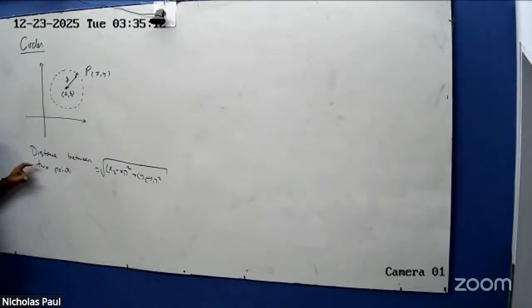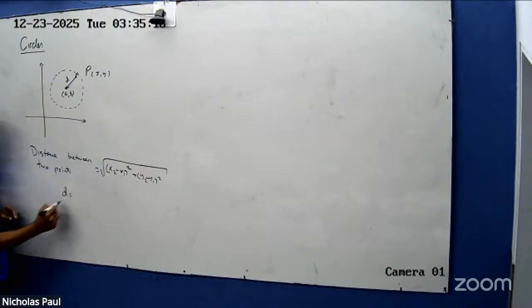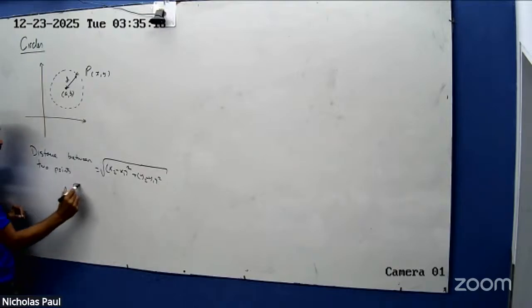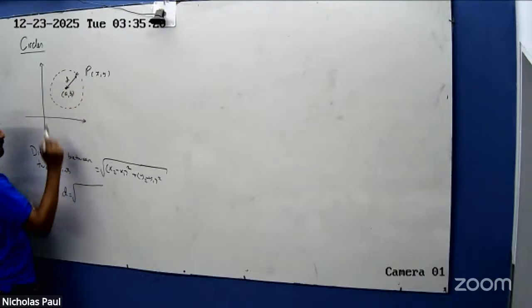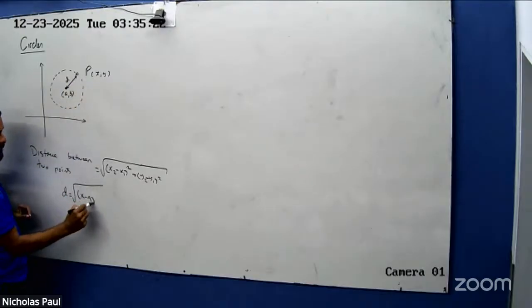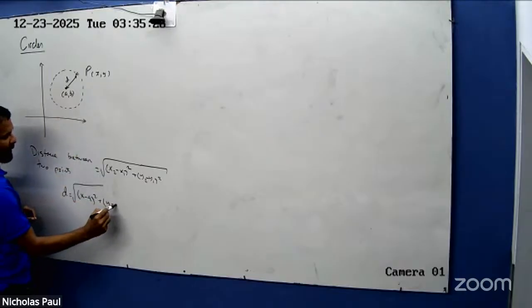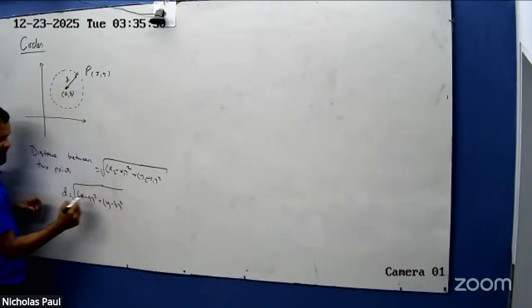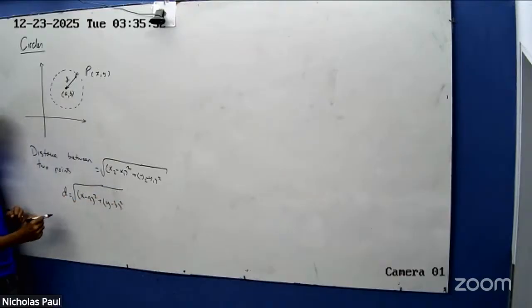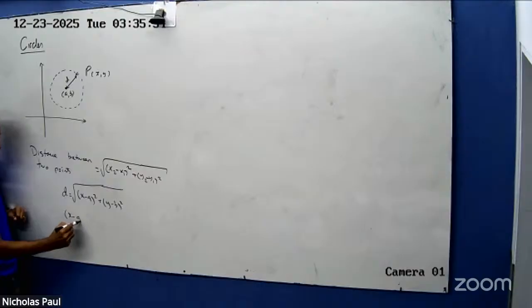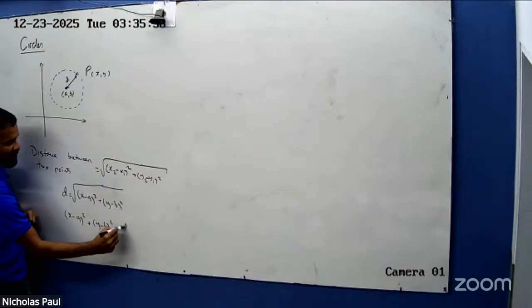Nice. What's the distance between the 2 points here? Let's call it D, right? What is x2 and x1? X minus A, y2, y1, y minus B. If I square both sides, what will I get? I'll get x minus A squared plus y minus B squared is D squared.